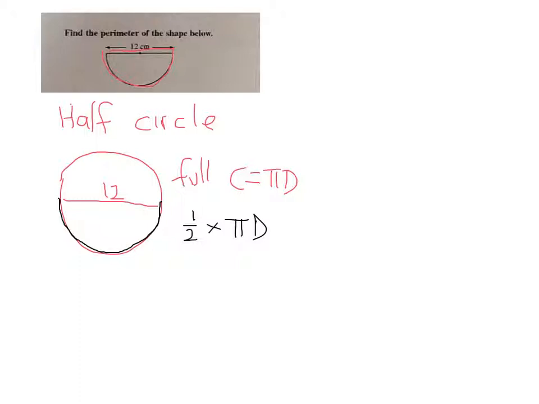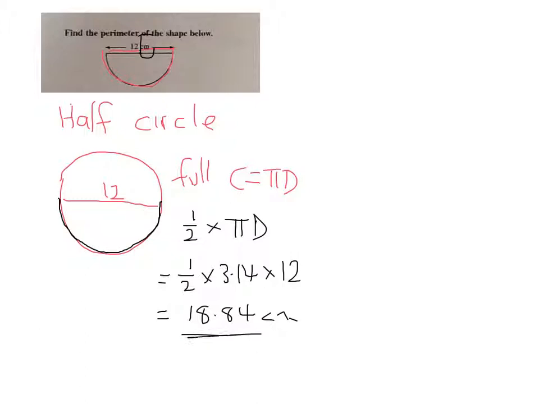In our case here, it's going to be a half times by pi, which is 3.14, times by the diameter of 12. And if we throw that into the calculator, that bit there would be equal to 18.84. The units from the question is centimetres, so we need to keep using centimetres here. Okay, so that's the half circle bit there.